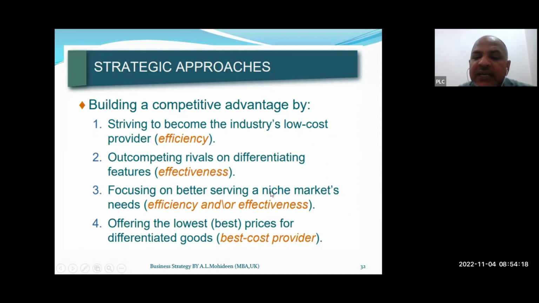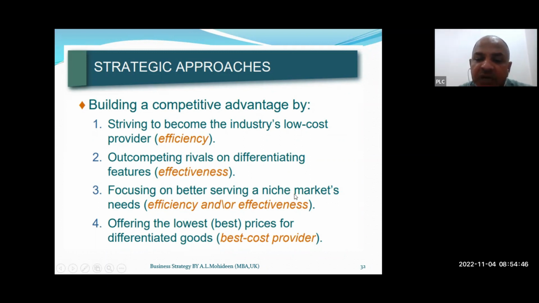And focusing on better serving niche markets needs efficiency or effectiveness. Niche markets mean you focus only on a narrow market, and offering the lower cost, best prices for differentiated goods, a best cost provider. So we have these four types of strategy: low cost strategy, differentiation strategy, niche strategy, which is focused on better serving.